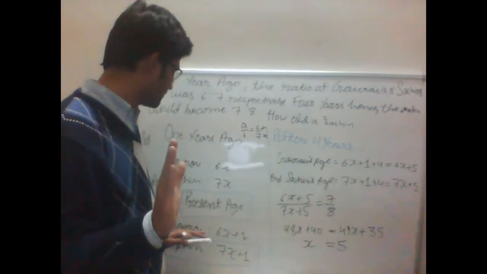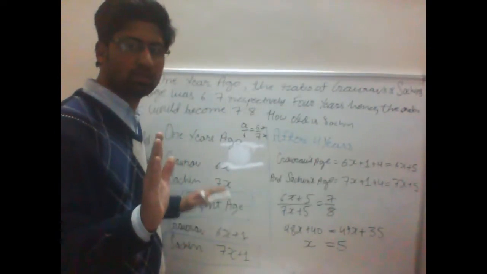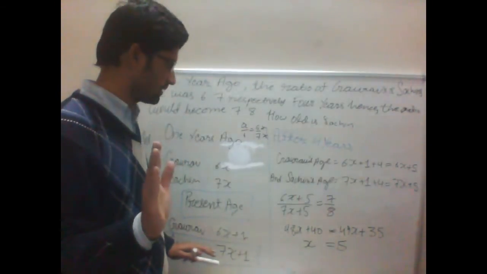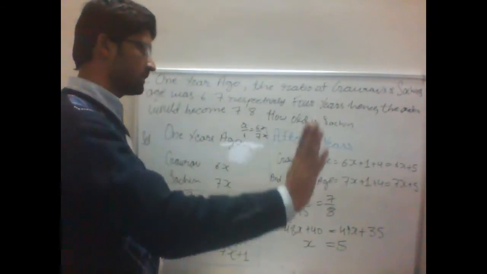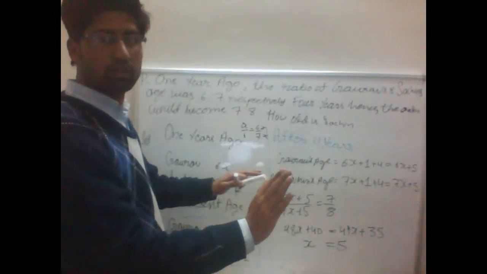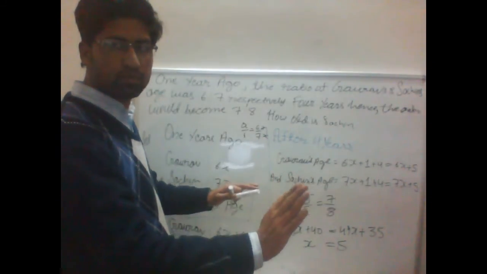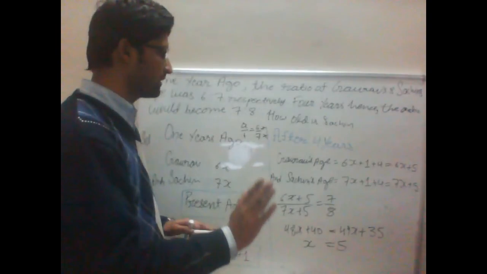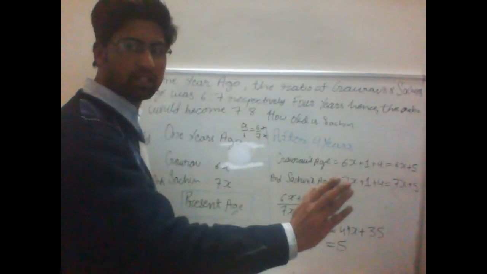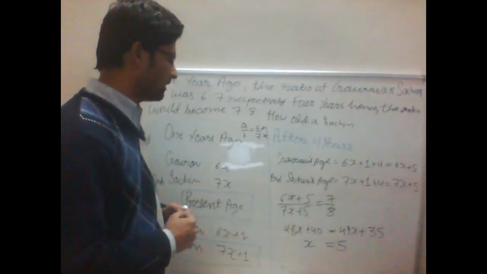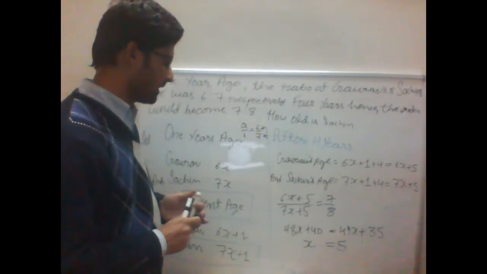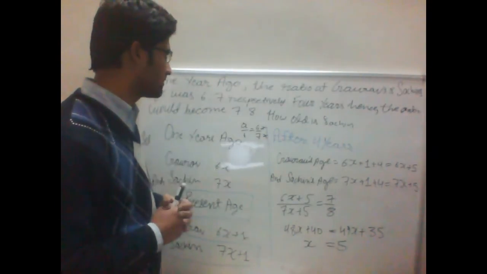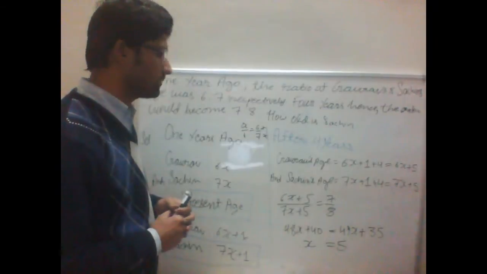What is the present age of Gaurav? 6x plus 1. What is the present age of Sachin? 7x plus 1. Now again after 4 years, what will be Gaurav's age? It's 6x plus 1 plus 4, that is 6x plus 5. Sachin's is 7x plus 1 plus 4, that is 7x plus 5. After 4 years, as given in the question, the ratio would become 7:8.